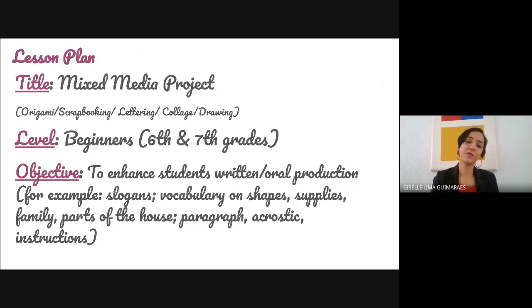I think it's useful to enhance students' writing on slogans, vocabulary on shapes, supplies, parts of the house, paragraph, acrostic, instructions. This is an example of content you can use and grammar goals you can achieve.